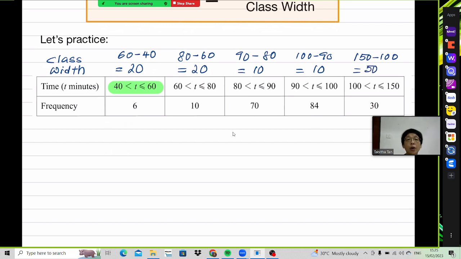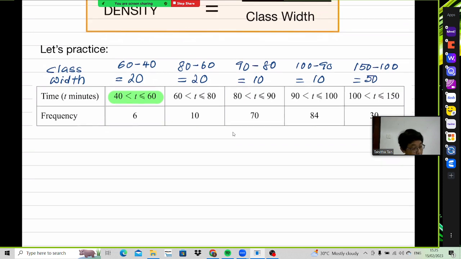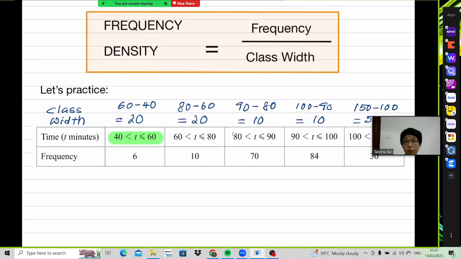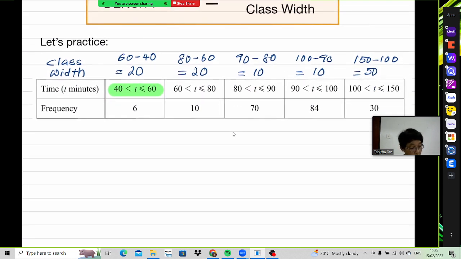We have already done the class width. Let's move on to frequency density. Let's go through the formula one more time: frequency divided by class width. For simplicity's sake, we put frequency density below the table, and we know that the formula is frequency divided by class width.